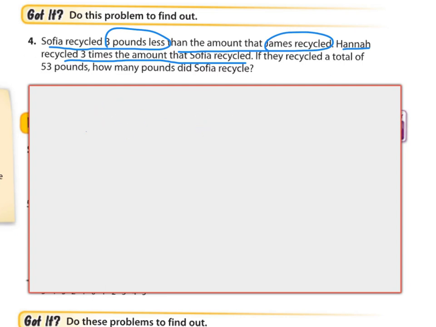We have what James recycled, right? James. And then we also have what Sophia recycled, which is James minus 3, right? And then we have Hannah recycled 3 times the amount that Sophia recycled. So I know that she recycled this amount 3 times, right here, this amount, 3 times, right?